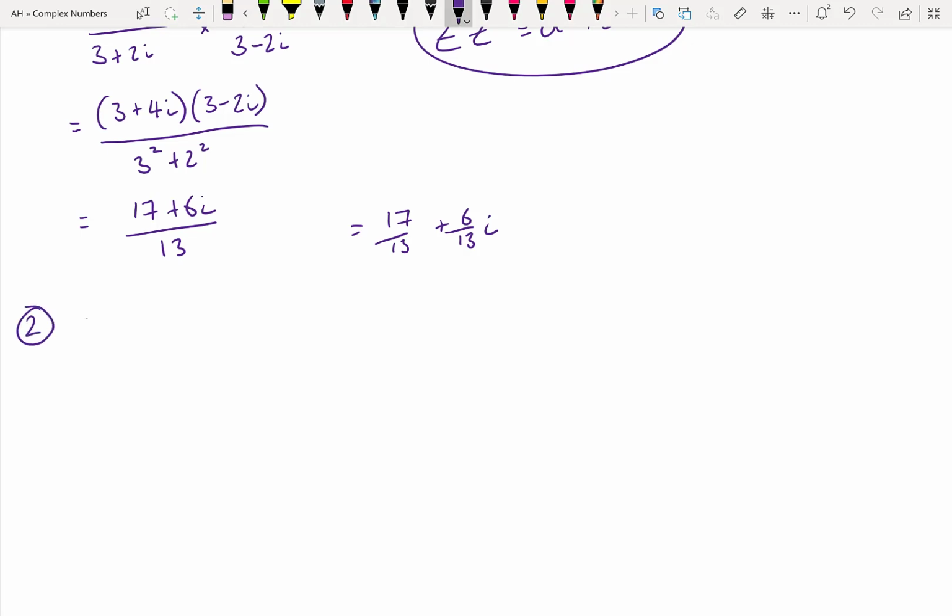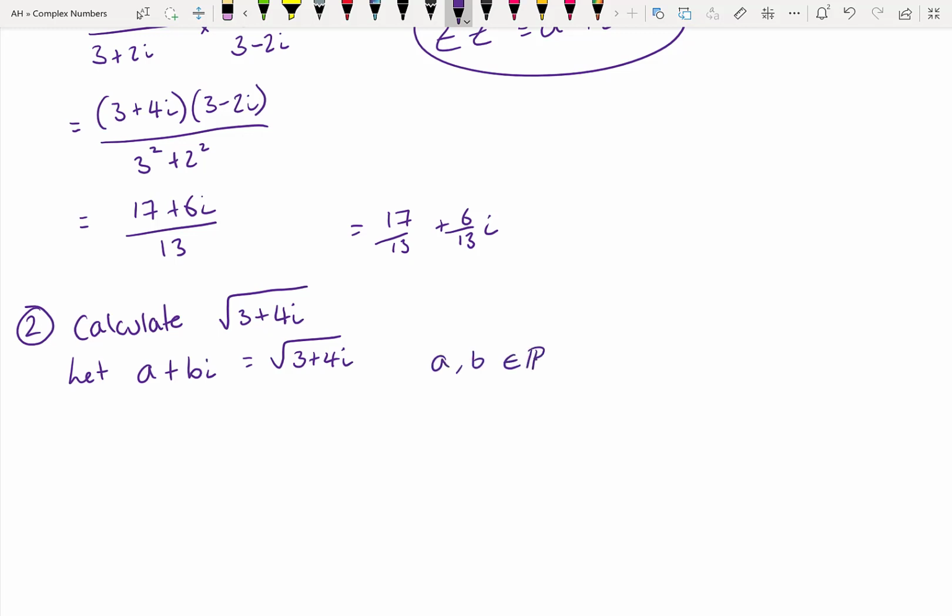Next one, what we again seem to like to ask you to do every so often is the square root of 3 plus 4i. So what we're going to do is let a plus bi be equal to the square root of 3 plus 4i. Again, we're remembering a and b are real numbers here.